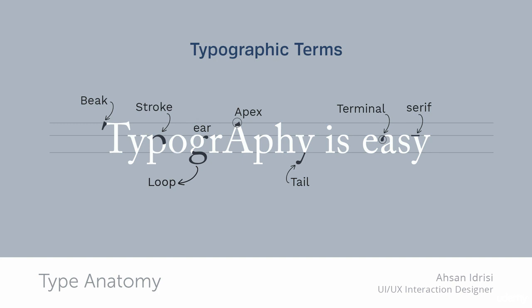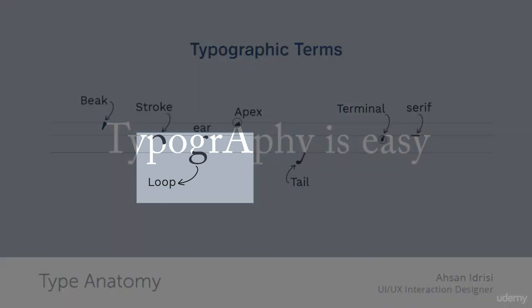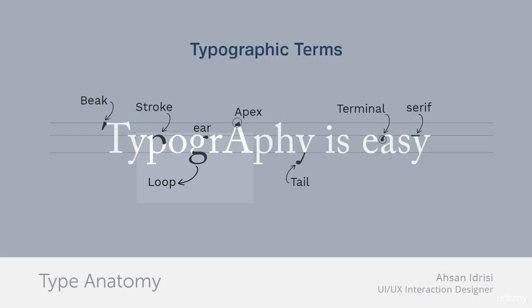Then we have this loop, which is basically the lower part of G. You can see over here. Also, different classes of fonts have different loop styles. Then we have ear. Ear is this pointy ear-styled knob coming out of the G letter.